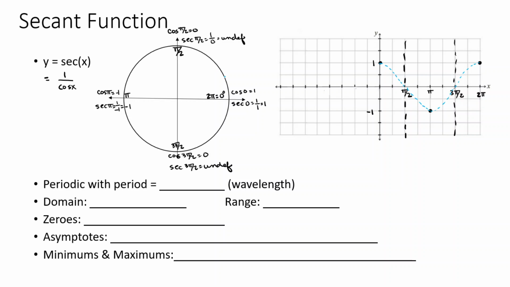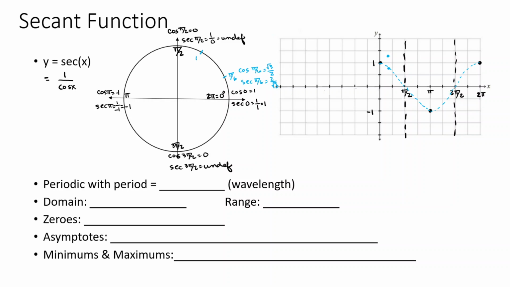So let's try pi thirds or pi sixths for a minute. Cosine of pi sixths is square root of 3 over 2. So secant of pi sixths is 2 over the square root of 3. So instead of this point here, I'm going to have a point here, the reciprocal of it.